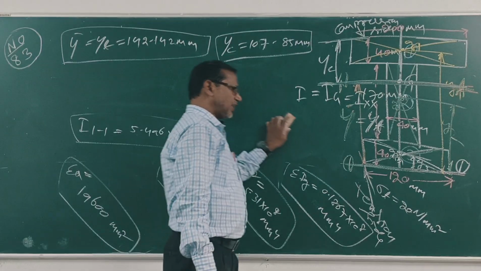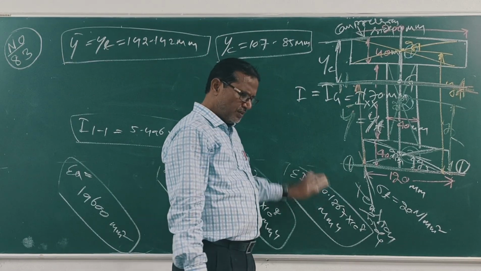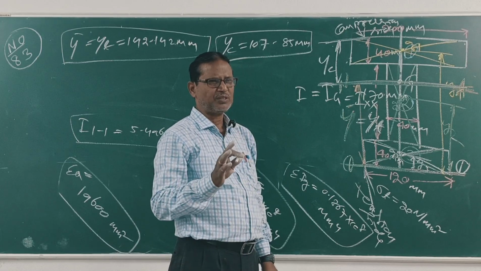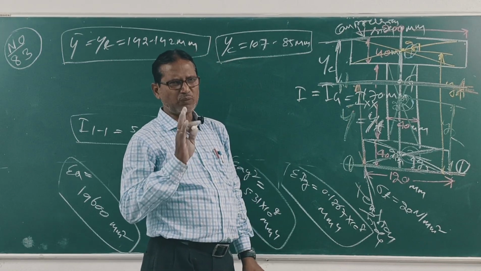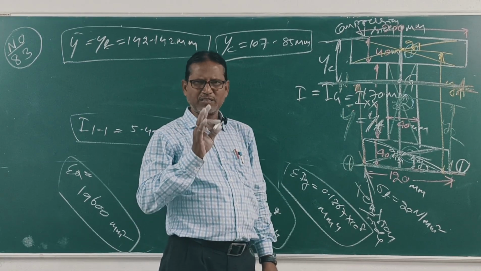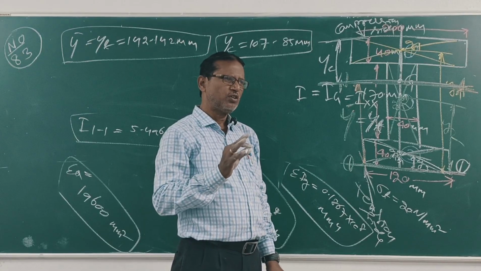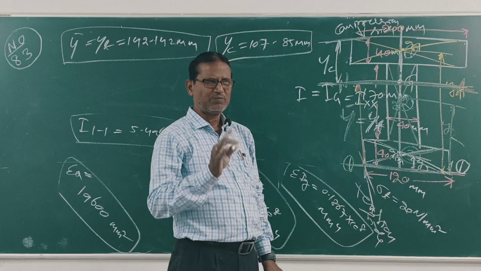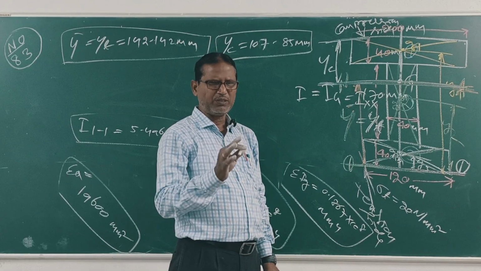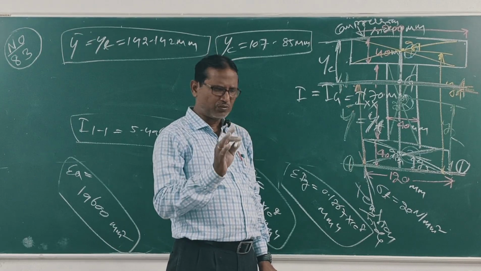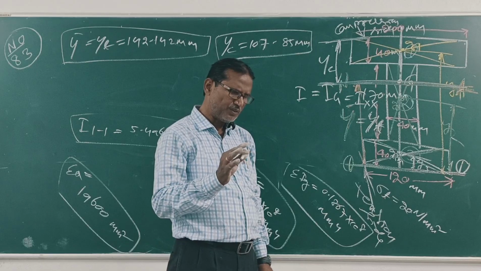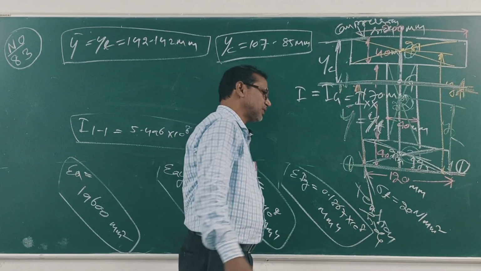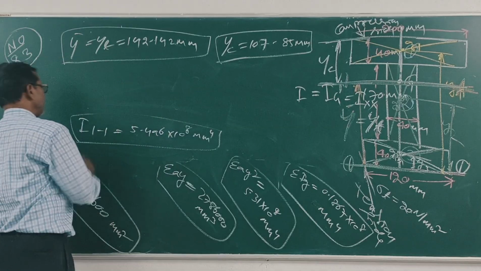Now, according to the parallel axis theorem, the moment of inertia about any axis is equal to the sum of the moment of inertia about the parallel central axis plus the product of the area of the figure and the square of the distance between the two axes. Clear? That is I11.